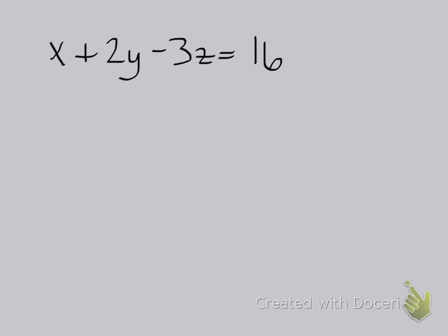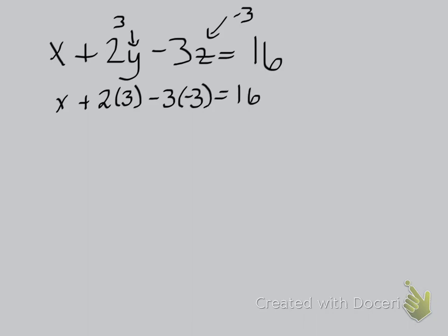And so we found z, and we said that z was negative 3. We found y, and found y was going to be 3. So I'm just going to plug into this equation the numbers we've already found. So 2 times 3 minus 3 times negative 3 is equal to 16.